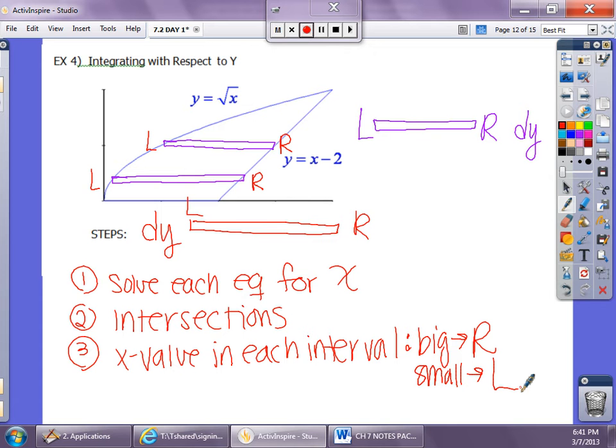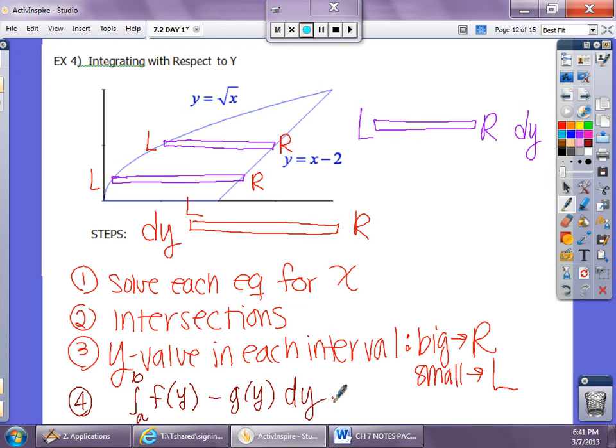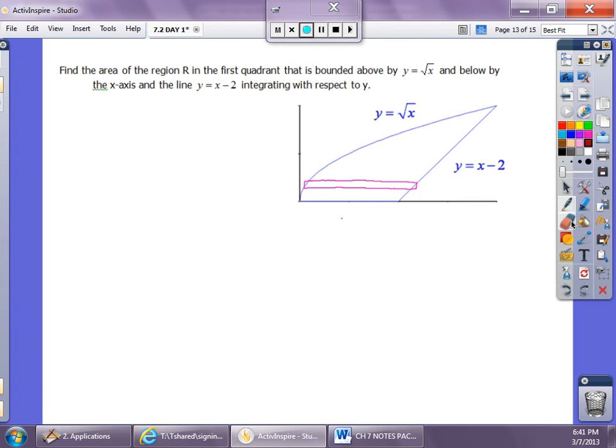And, oh, sorry, wow, made a little mistake there. You're actually going to substitute in y values. That's the difference. And when you do step 4, your integral from a to b will be of f of y minus g of y dy, given that f is the bigger and g is the smaller. So there's a slight difference, this being one of them. And then obviously step 1 is brand new. So we're going to do this actual problem using those steps over here. So, oh, I forgot I did that.